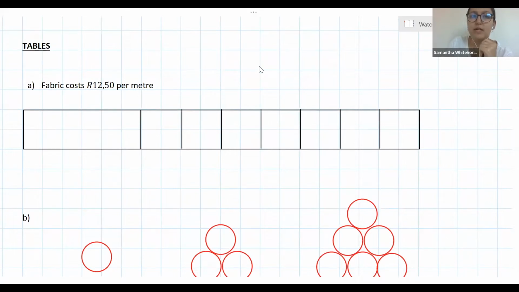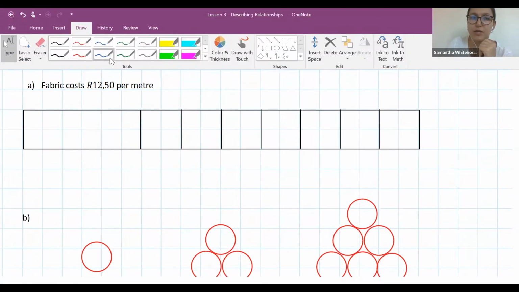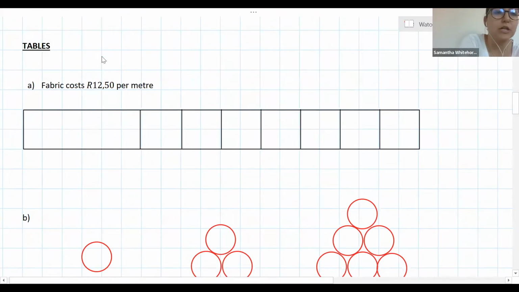But really all it is, is taking the relationship that you have and trying to work out what your inputs and your outputs are. Now, just a reminder, we have an input value and we have an output value. The input value we generally represent with the variable X, and the output value we represent with the variable Y. I think of it like a number machine.